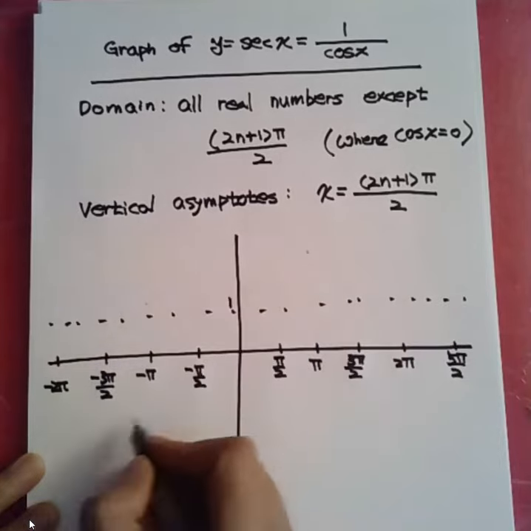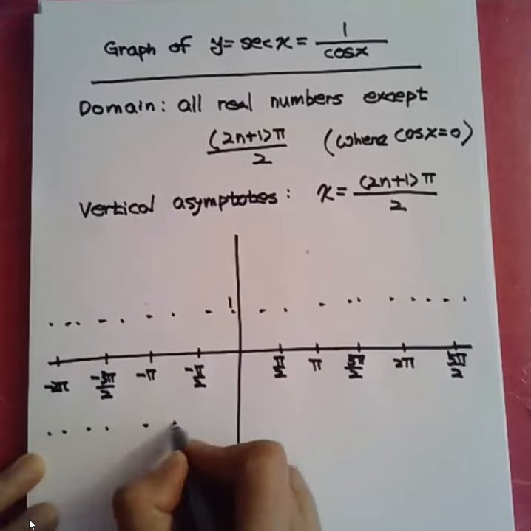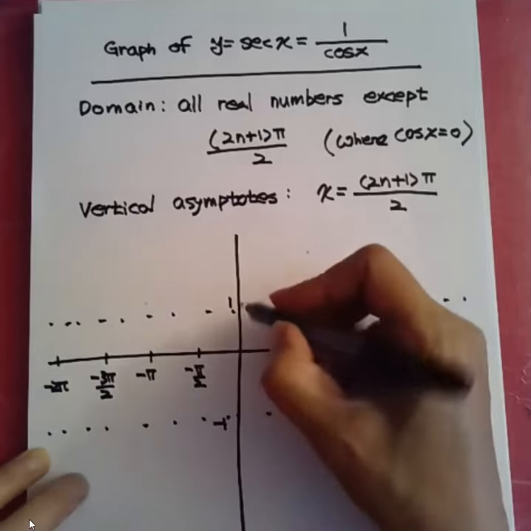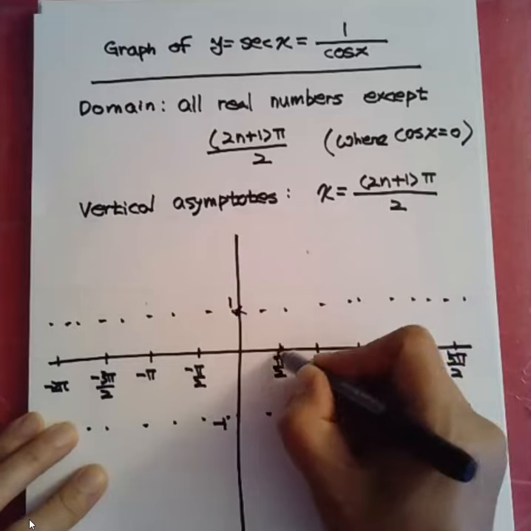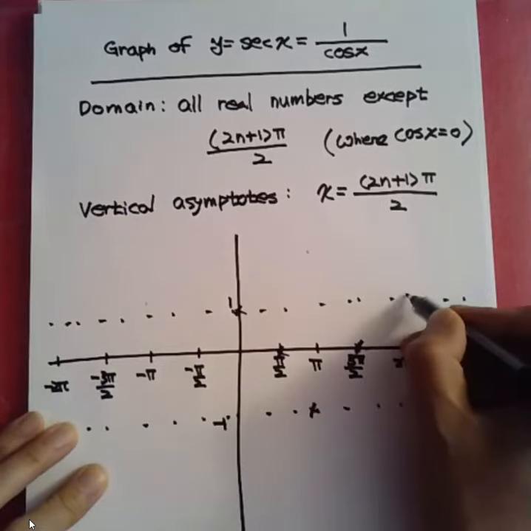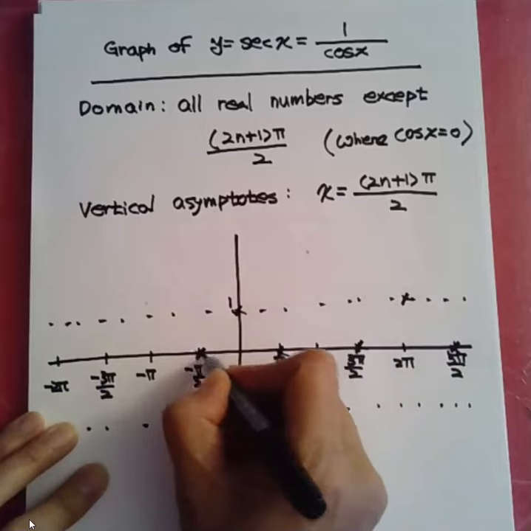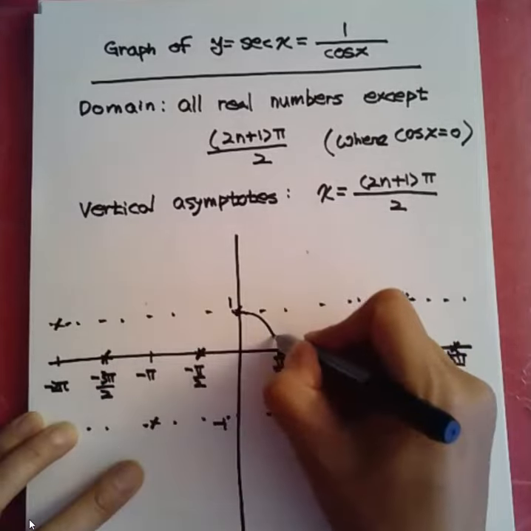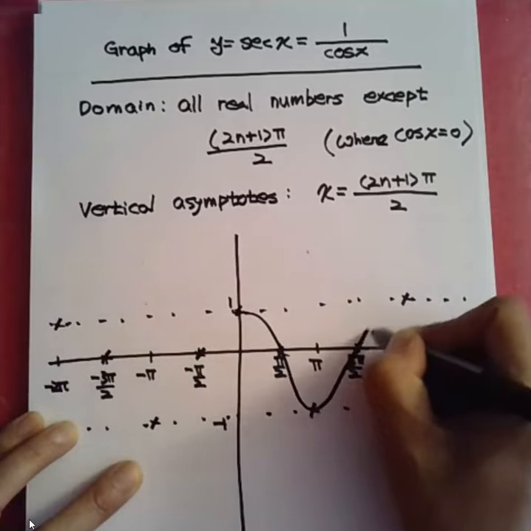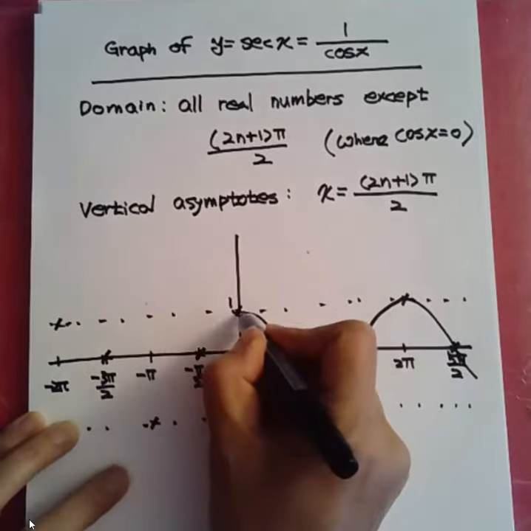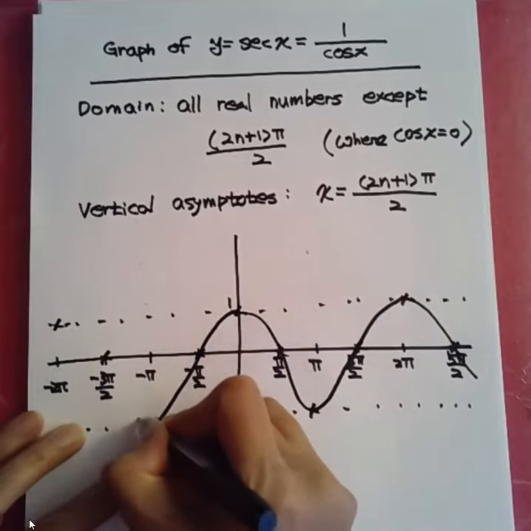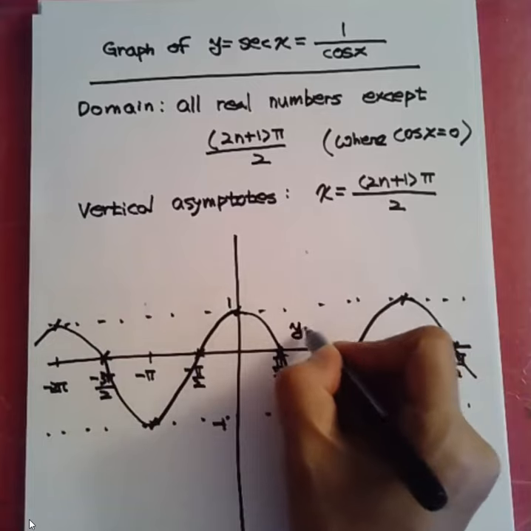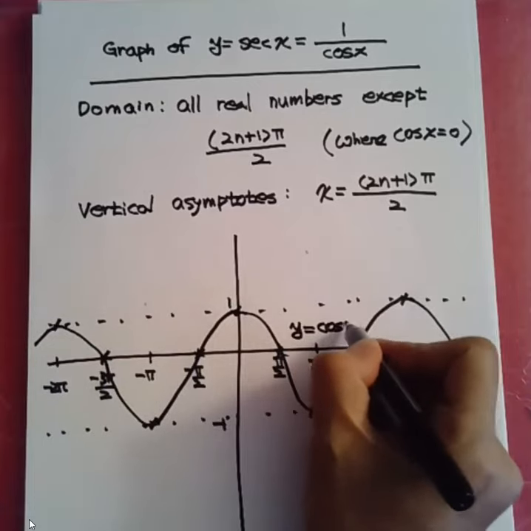Cosine is bounded by 1 and -1. This is the graph of cosine. Y equals cosine of x.